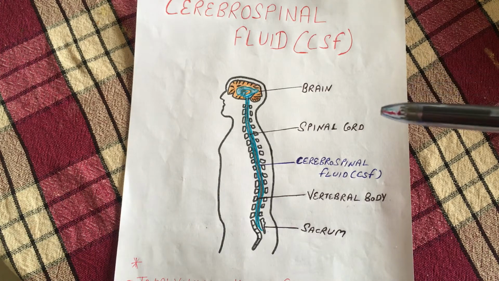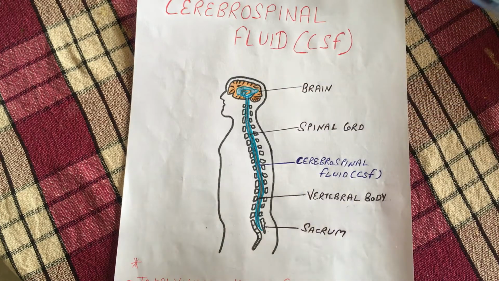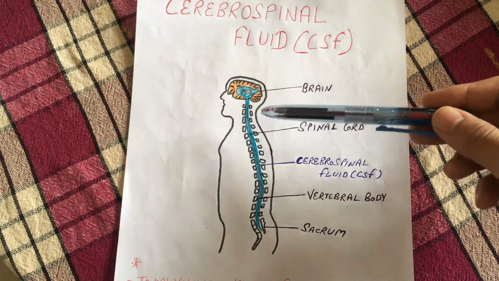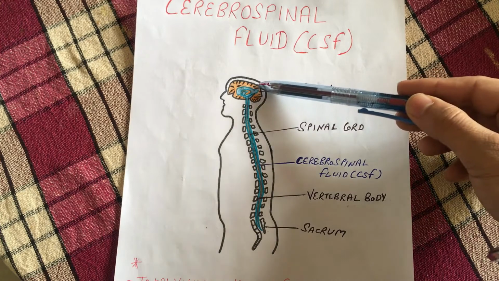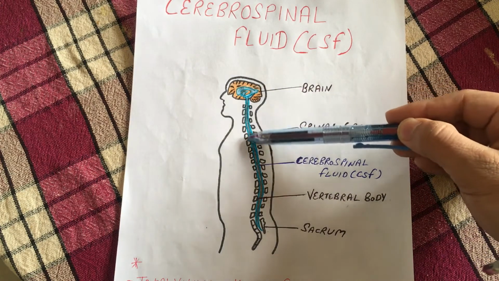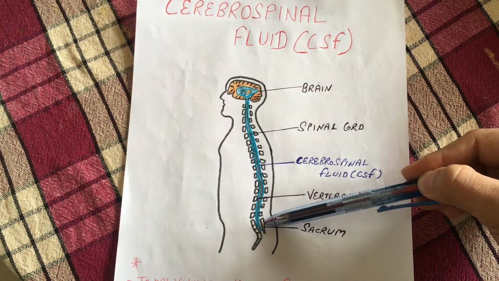Before starting the topic, I have made a beautiful and simpler diagram to make you understand where CSF is located. As you can see in this diagram, this is the brain, this is the vertebral body, this black one is the spinal cord. Between the vertebral bodies, this is the sacrum.